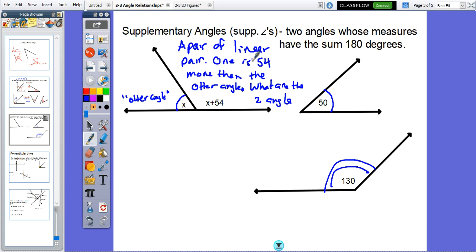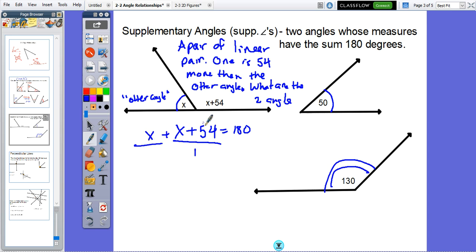The first angle is 54 more than the other angle. So we have to take the value of the other angle, our x, and add 54. A bad habit that sometimes happens is we'll just say x plus 54 equals 180. Understand, this is incorrect because we're only including one angle. This is one angle right here. We have to include the other angle. So don't forget that.